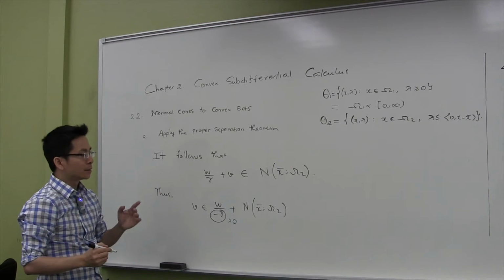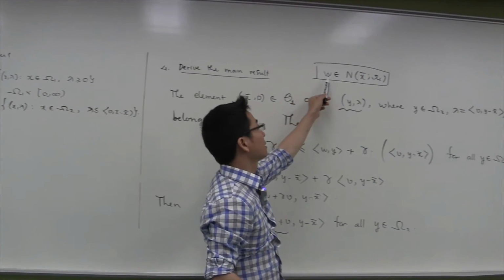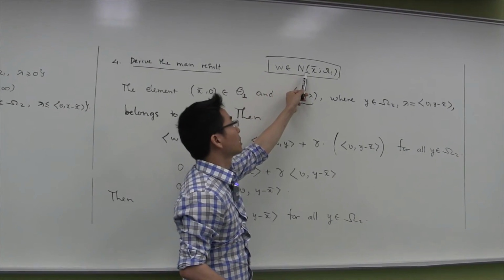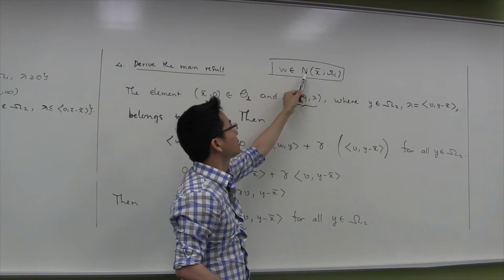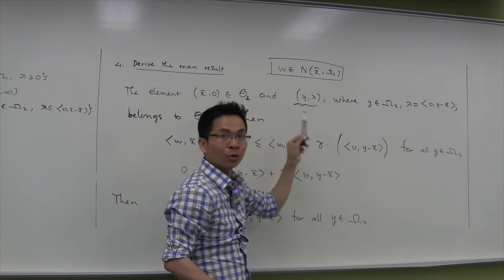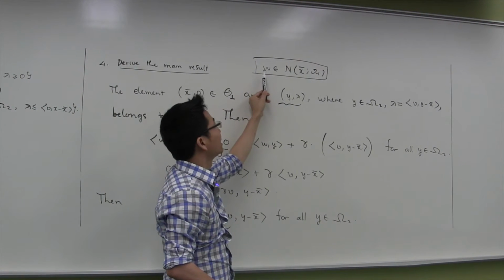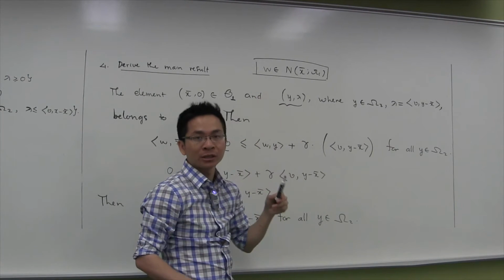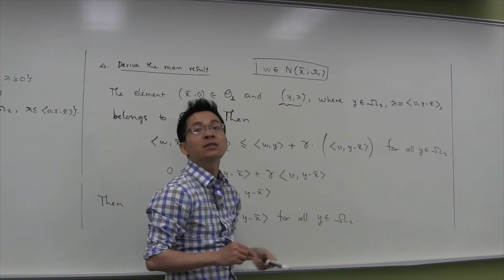Okay, and over there we already showed that w belongs to the normal cone to the set omega 1 at x bar. And note that this normal cone is a cone, so if we take a w and we divide by minus gamma, which is a positive number, the new element is also in this normal cone.